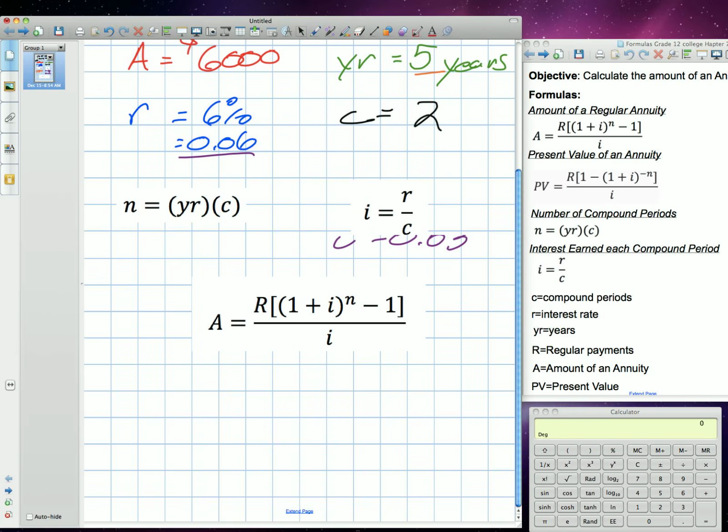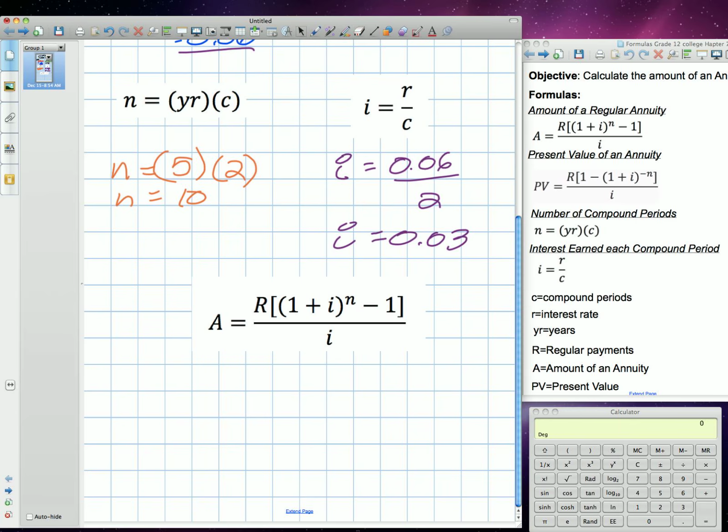We're going to need to calculate the regular payments. The formula, 1 plus our I, which in this case is 0.03. It's going to be to the power of 10 because there are 10 compounding periods over the course of 5 years when we're getting money semi-annually. So we're to the power of 10.